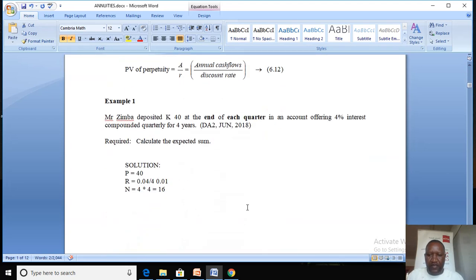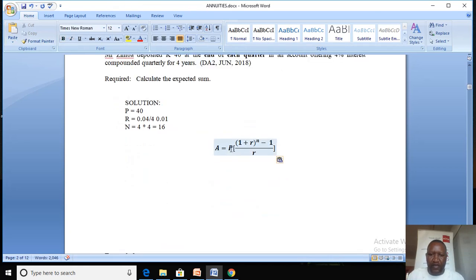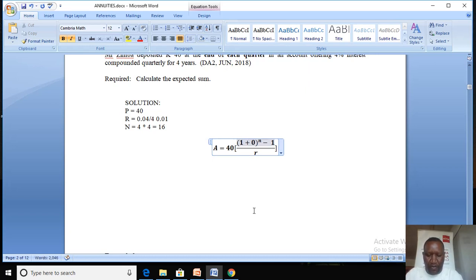Drop down the formula to be part of your solution, then substitute what you have in the formula. So what is our P? Our P is 40. Then what is our R? Our R is 0.01. And what is our N?